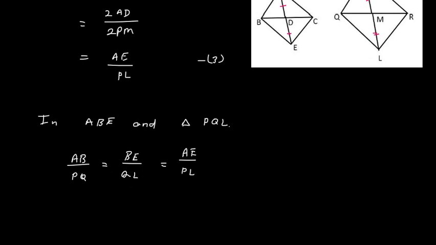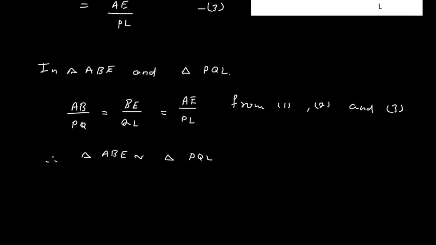So here we can say that from 1, 2 and 3 these ratios are equal. So you can say that triangle ABE is similar to triangle PQL. Okay, these two triangles are similar. The criteria is side criteria.